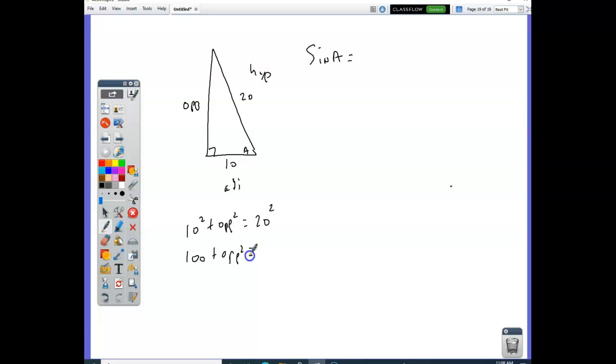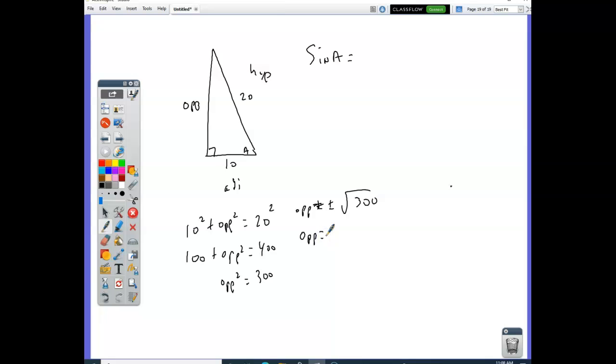Opposite squared equals 400 minus 100. Square root: the opposite equals plus or minus the square root of 300. Minus is silly. We're not going to do that today.